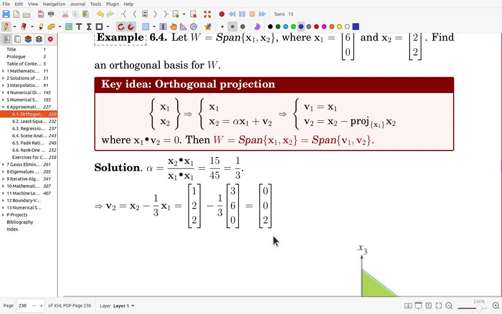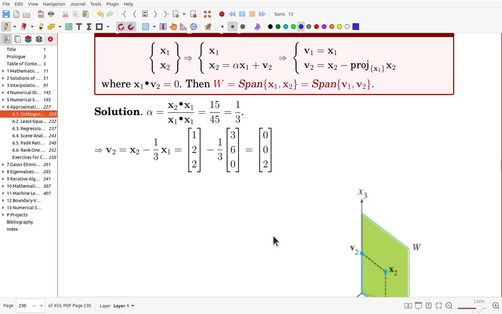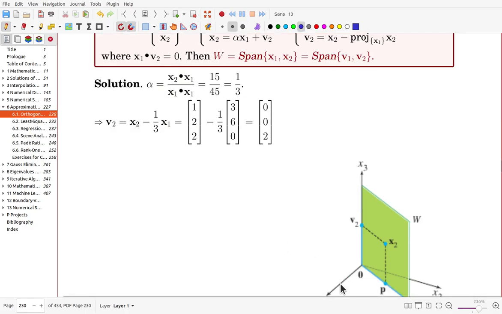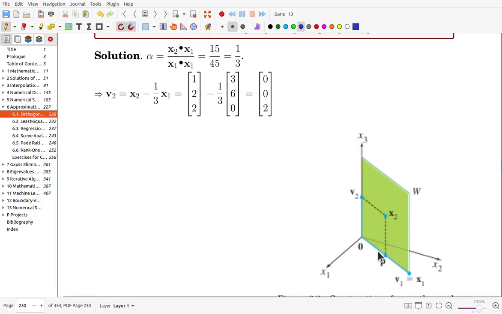Visually, we can interpret that computation. Originally, here we have x1, and then there is x2, drawn to scale in 3D coordinates, and x2 is projected here. Now the orthogonal component is this one, v2, which is (0, 0, 2), so it's an upward vector.